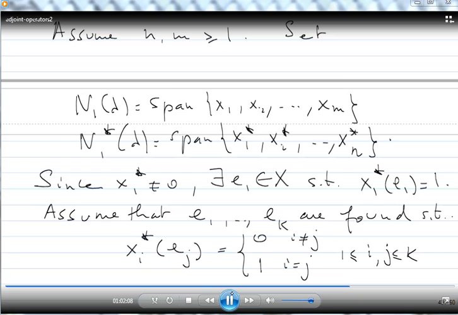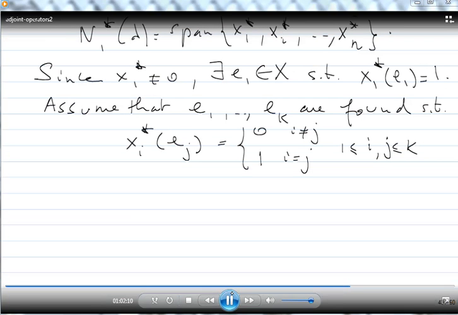Here, k is less than n. So you start with 1, the first one is done, and then you start building them. Now let me show you how to build the next one, ek plus 1.